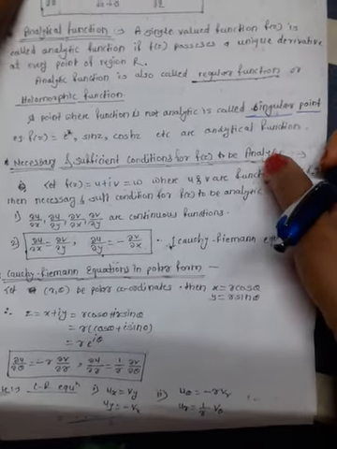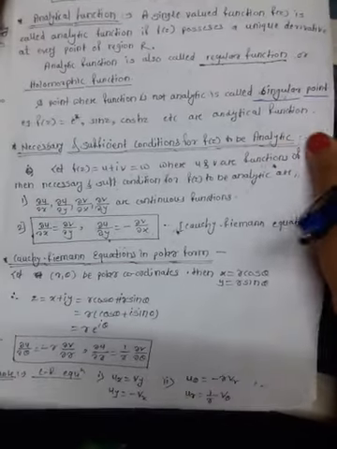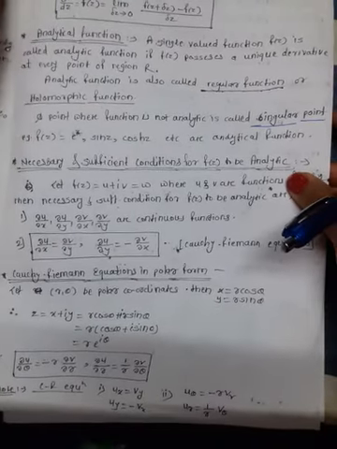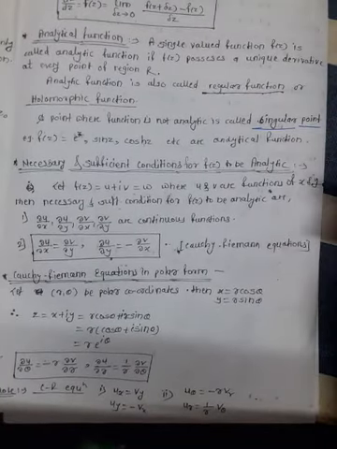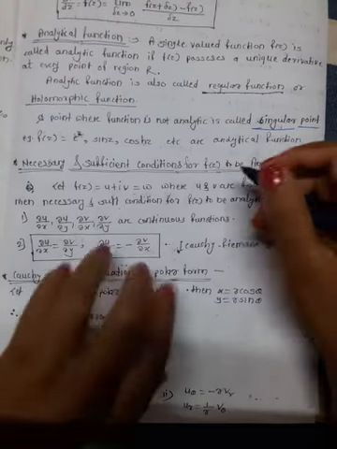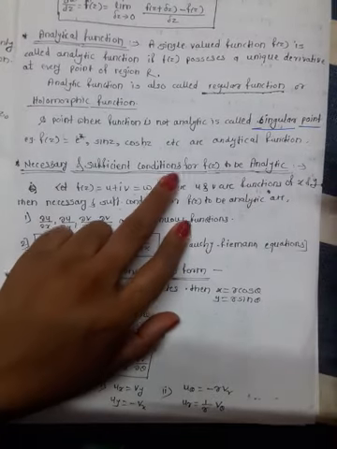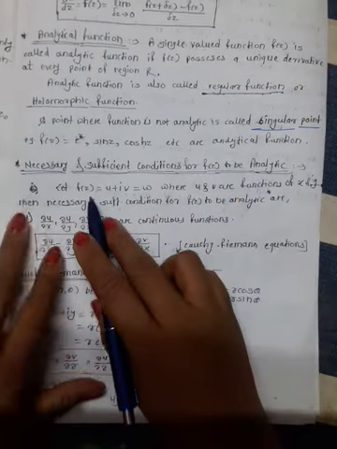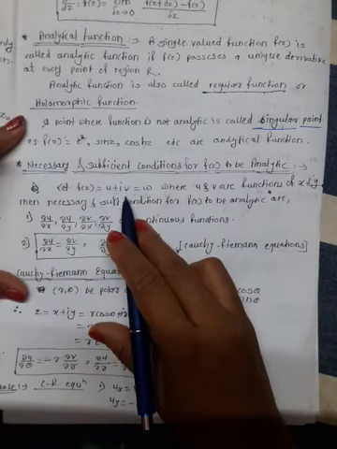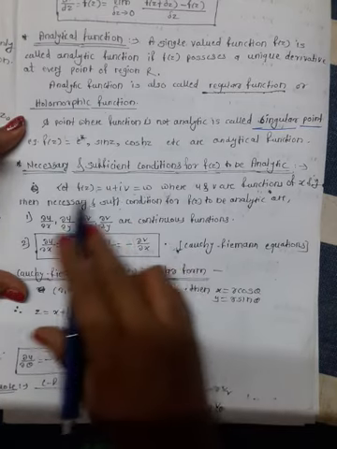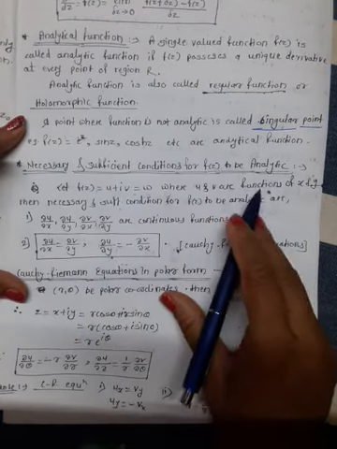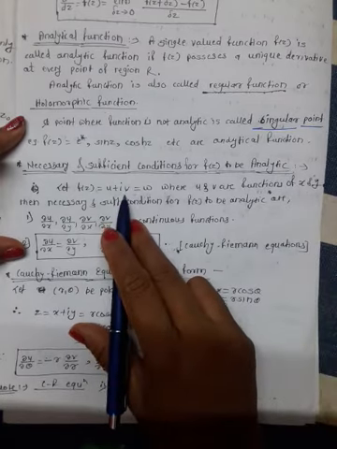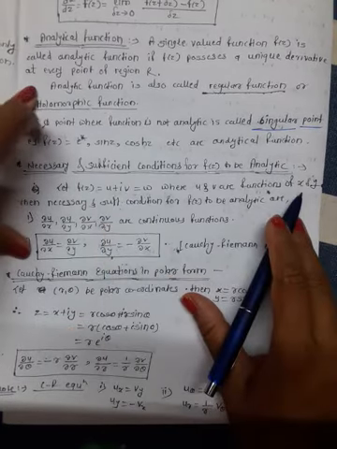Now let us see the necessary and sufficient condition which we are going to use in the particular examples. Necessary and sufficient condition for f of z to be analytic. Let f of z is equal to u plus iv, which is obviously w, remember this, where u and v are not numbers, they are functions of x and y.